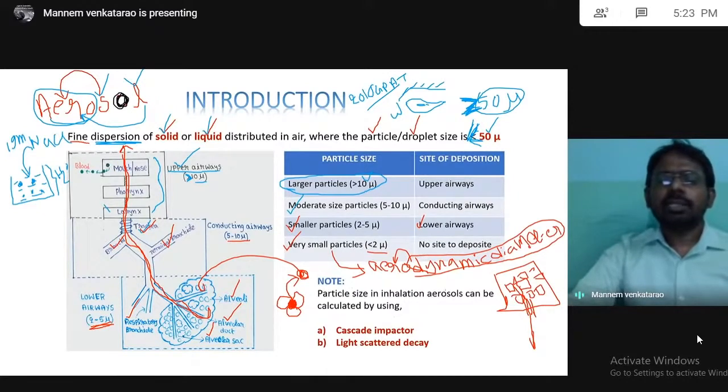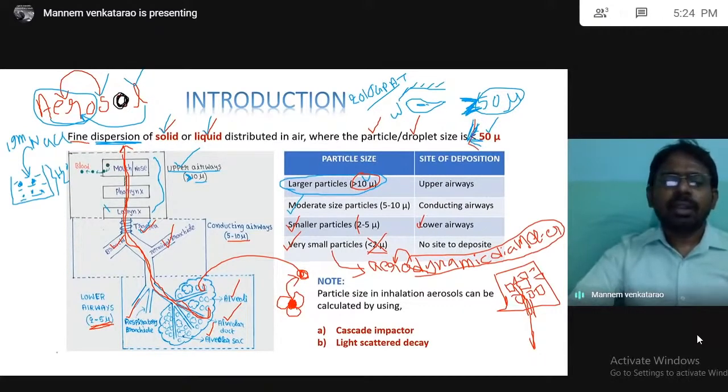Now, friends, I am asking one question: what is the particle size range in inhalation aerosols? We take only particles that have the ability to deposit. That's why less than 2 cannot deposit. So in inhalation aerosols the particle size starts with a minimum of 2 micron, and the maximum is greater than 10 micron, meaning you consider up to less than 50 micron.